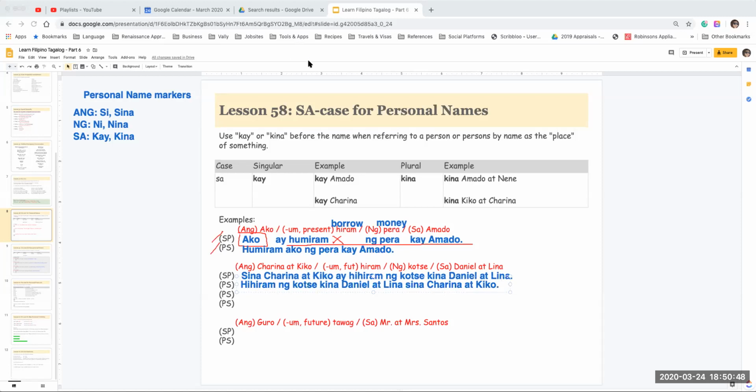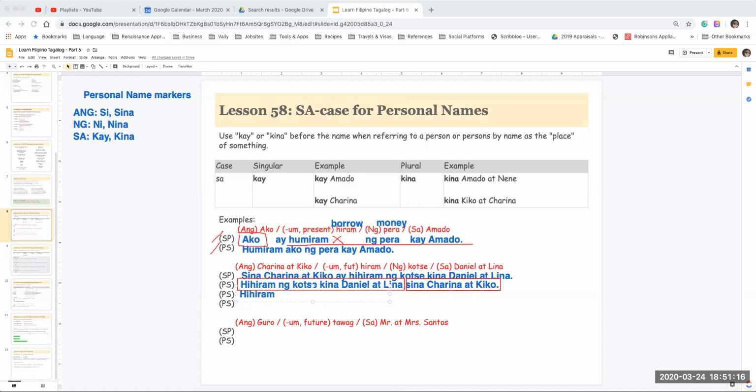Okay, so this is your first possible structure, where the whole predicate you just place in front. You can do that because your actor or your subject here is a personal name, so you can actually place it at the back. Now, the second possible structure is how you wanted to do it earlier. Let's try that. Insert the actor after the verb.